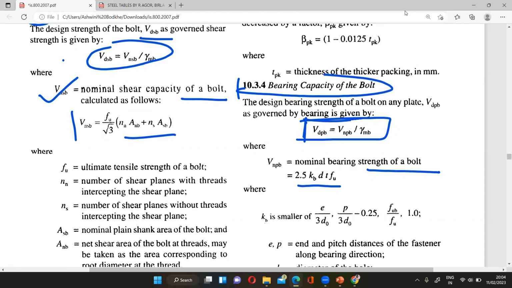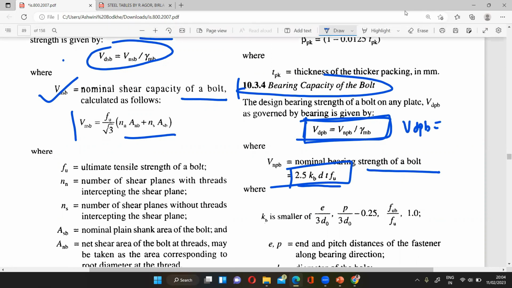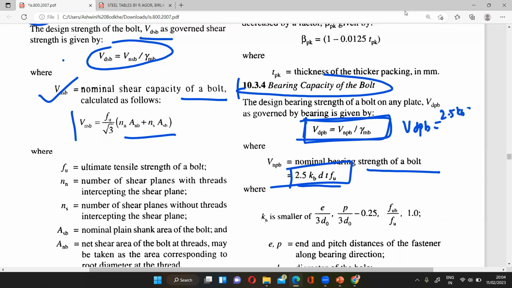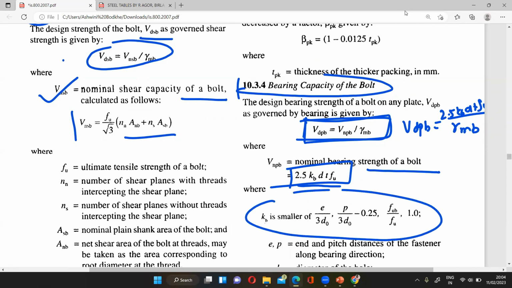VDPB equal to VNPB upon gamma MB, where VNPB is 2.5 kb D T FU. Therefore, VDPB equal to 2.5 kb D T FU upon gamma MB. Okay, and kb is the smaller of E upon 3D naught, or P upon 3D naught minus 0.25, or FUB upon FU, and 1.